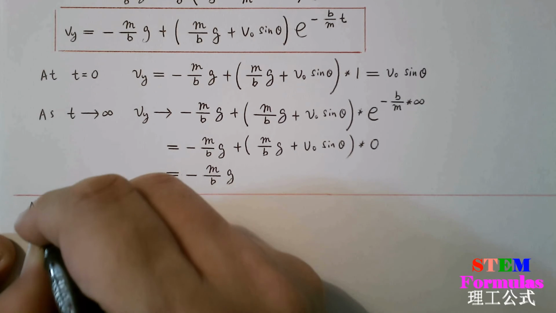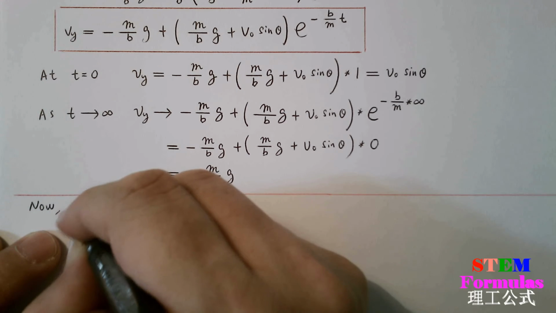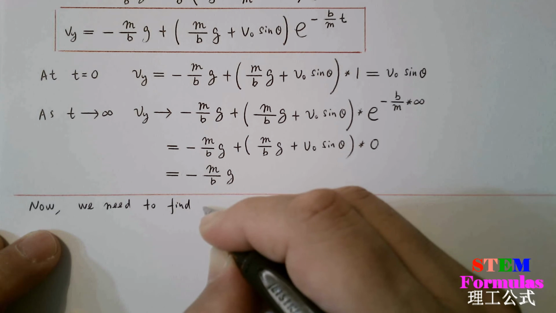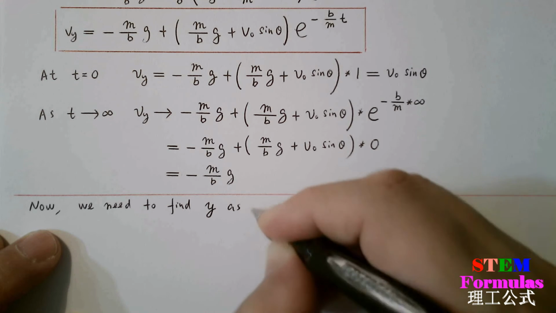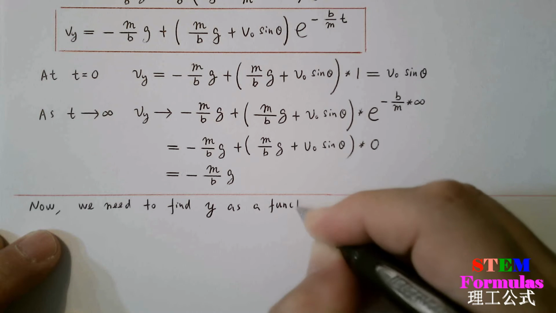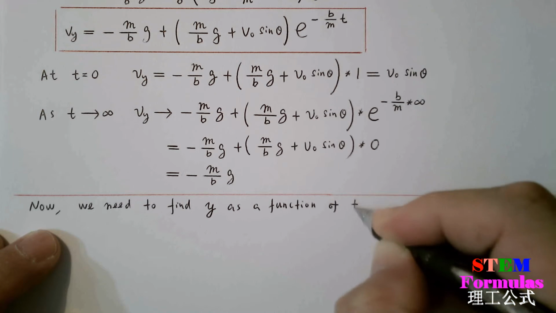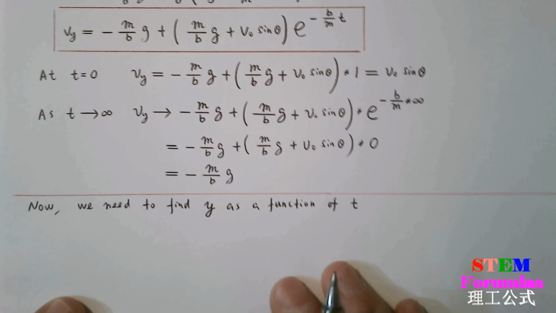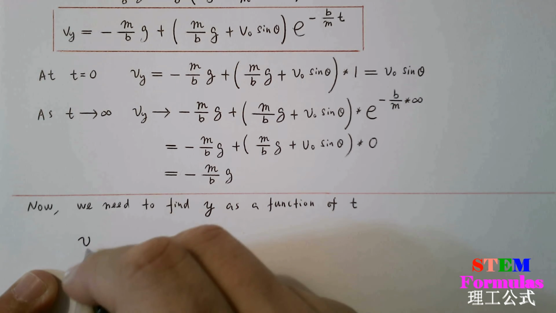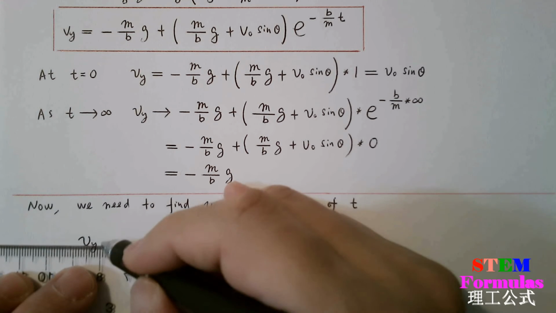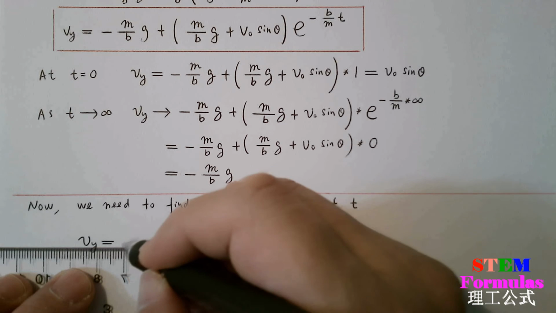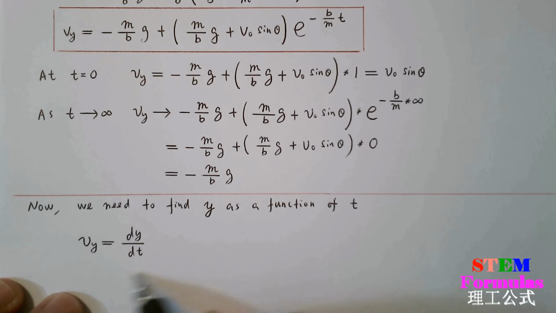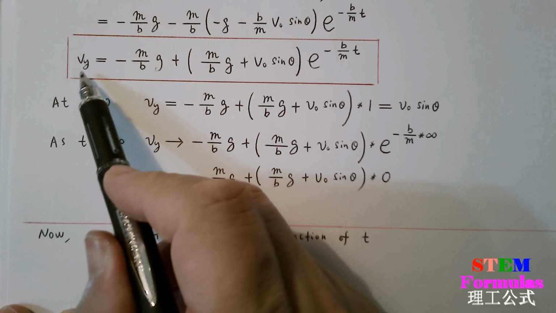Now we need to find y as a function of time t. We know that Vy is defined as dy dt.